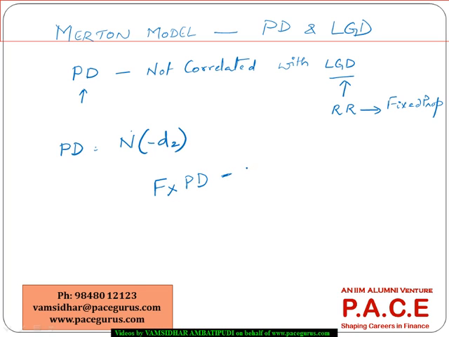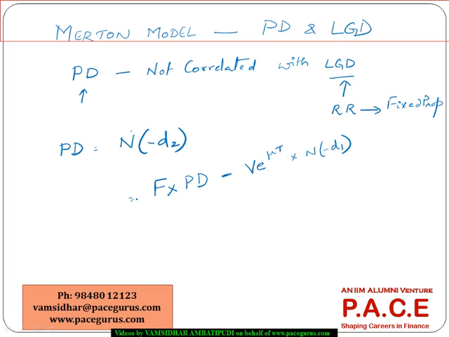Then you find the value of the firm times e power mu t, and multiply it with N of minus d1. The difference of this is going to give you the loss given default using the Merton model.